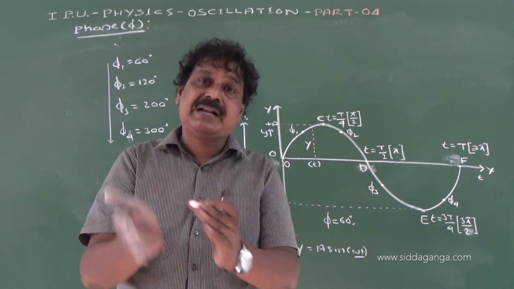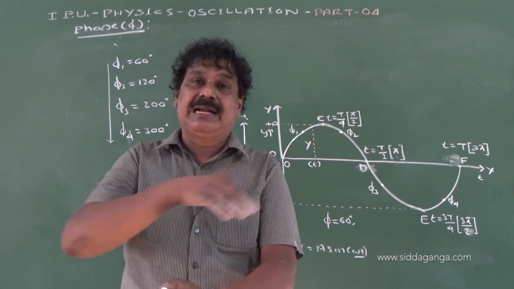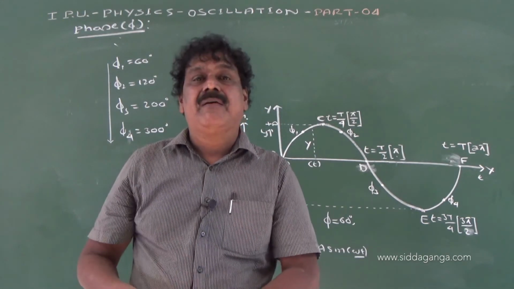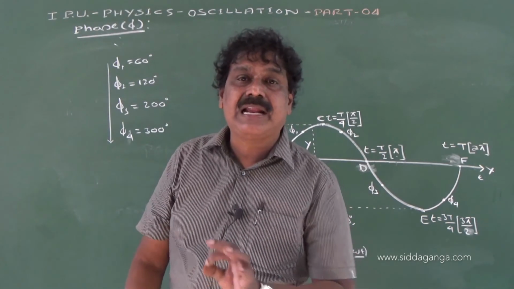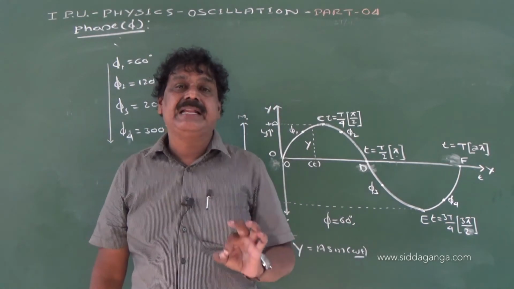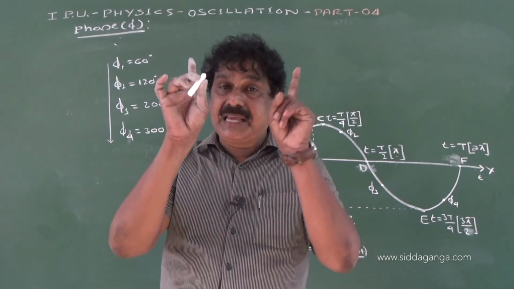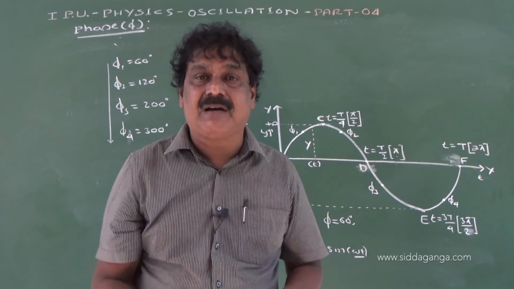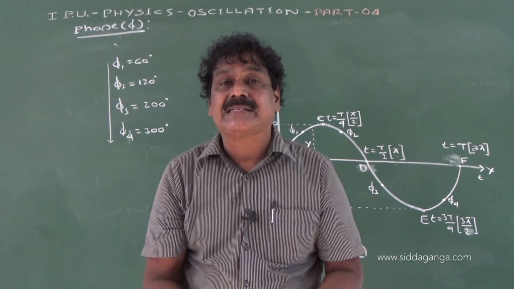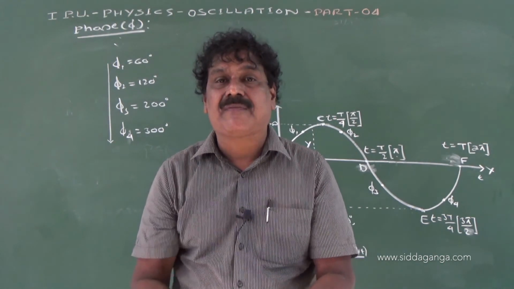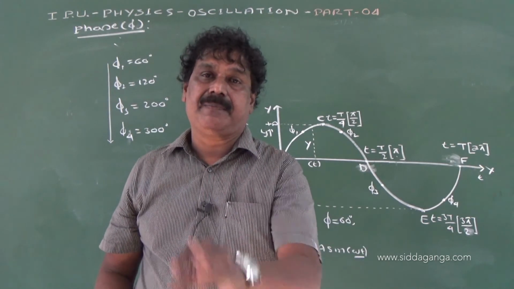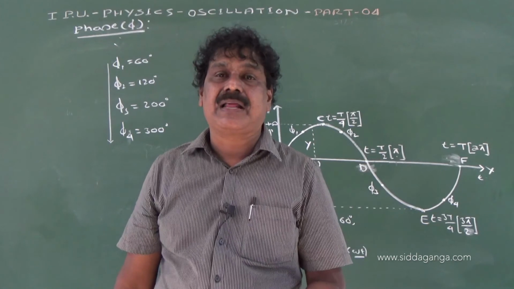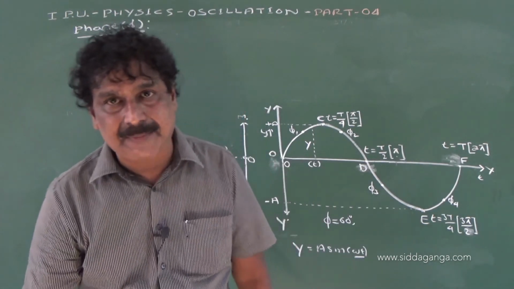Here the displacement is the same, but the direction of motion will be different. Therefore, when we are locating an oscillating or vibrating particle at any instant of time, it is important to mention both the position, that is the displacement of the particle, as well as the direction of motion of the particle at that instant of time. Then only we can exactly locate the position of the particle at any instant of time.